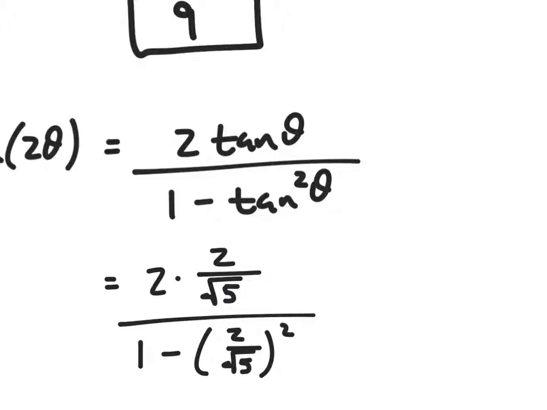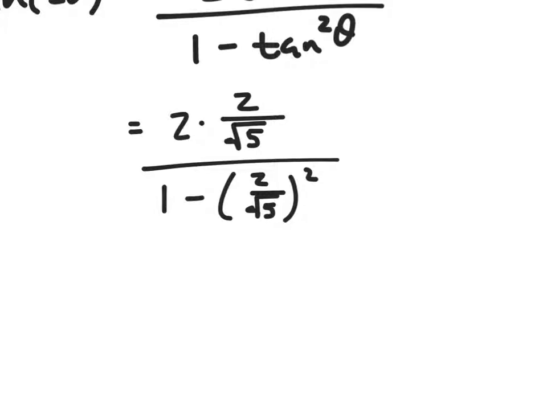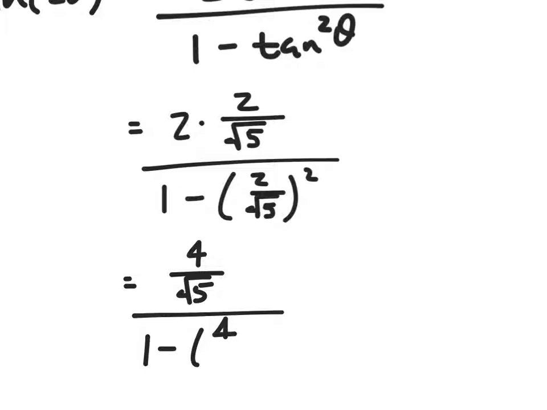Now, what I have here, 2 times 2 over the square root of 5 is just going to be 4 over the square root of 5, over 1 minus. Now, if I square that 2 over the square root of 5, that's just going to give me 4 over 5. Okay, 2 squared is 4, square root of 5 squared is 5.